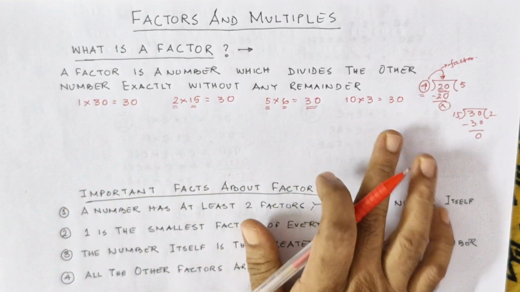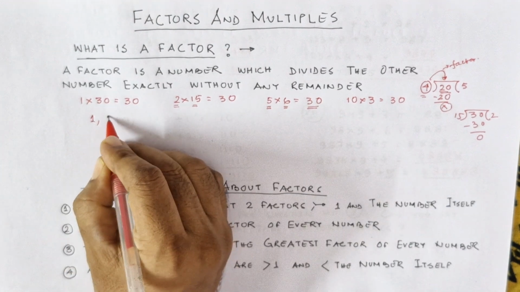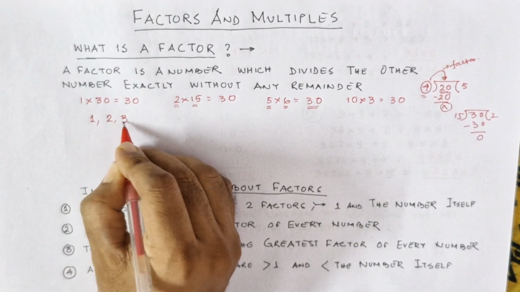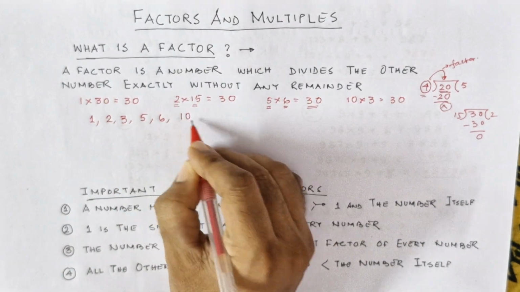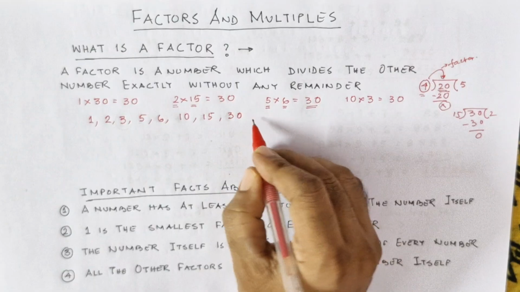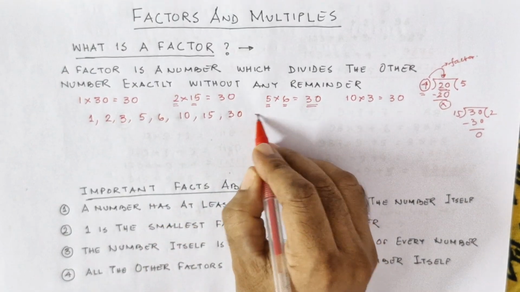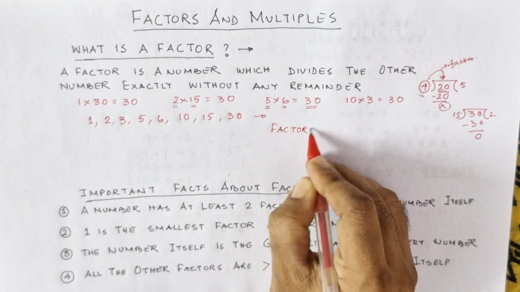So from this instance I can say 1, 2, 3, 5, 6, 10, 15 and 30 are said to be the factors of 30.